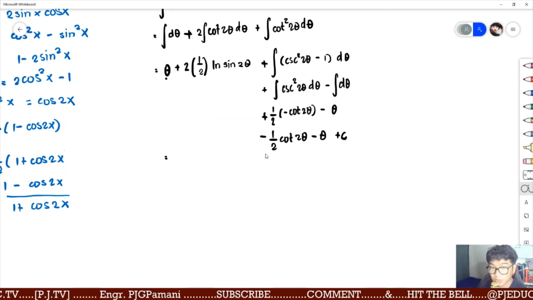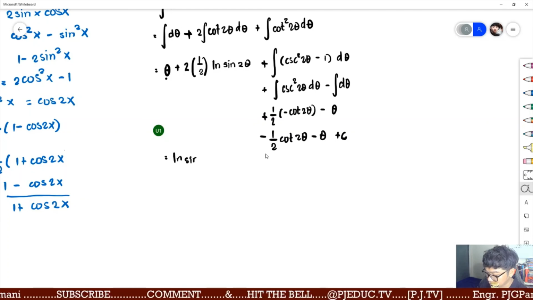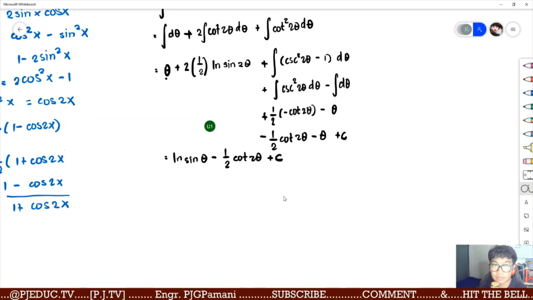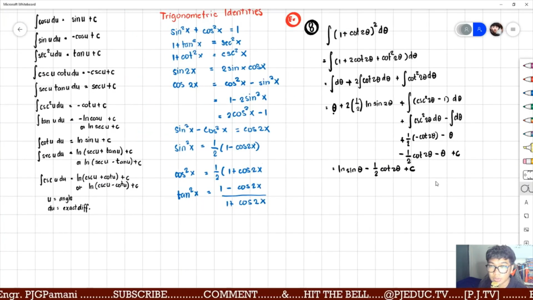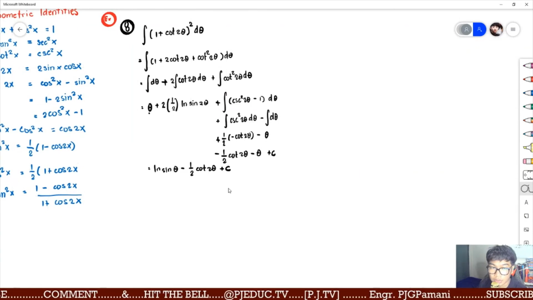That is 2 times 1/2 is 1. Then ln sine 2 theta minus 1/2 of cotangent 2 theta plus c. Tama ba? Cosecant is negative. So, tama. Nag-introduce na naman. Okay.